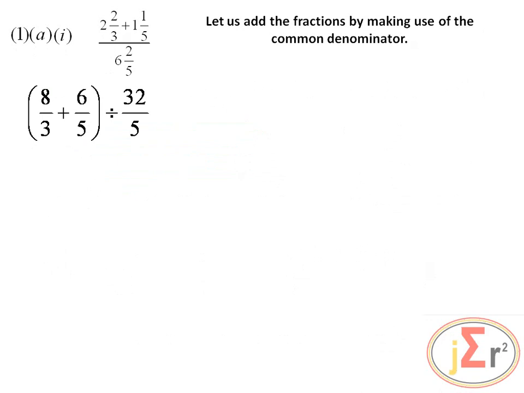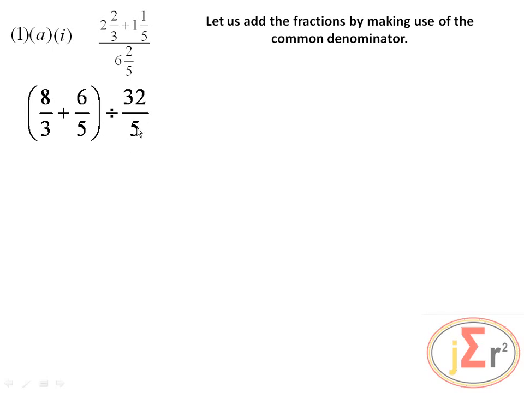So let us add the fractions by making use of the common denominator. So we have this fraction here that is converted to this one, this converted to this one. And of course, instead of writing another fraction with another denominator and causing the expression to look too cumbersome for us to manage, let us write the fraction that we are dividing by, which is 6 and 2/5, that we have converted to 32 over 5.